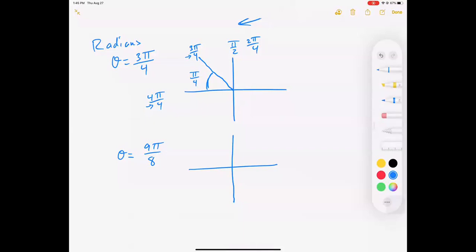Okay, launching poll. Go ahead and tell me what quadrant you think this is going to be in.